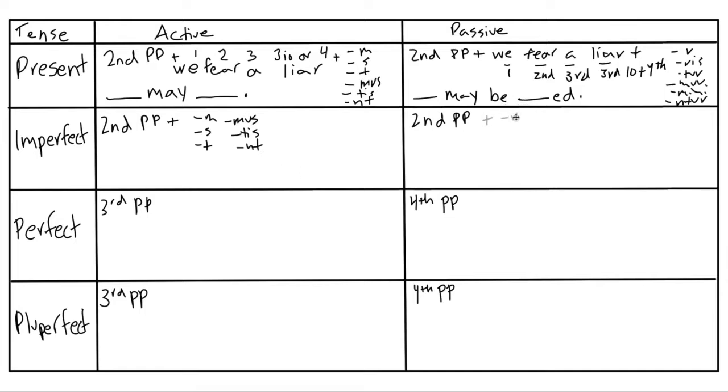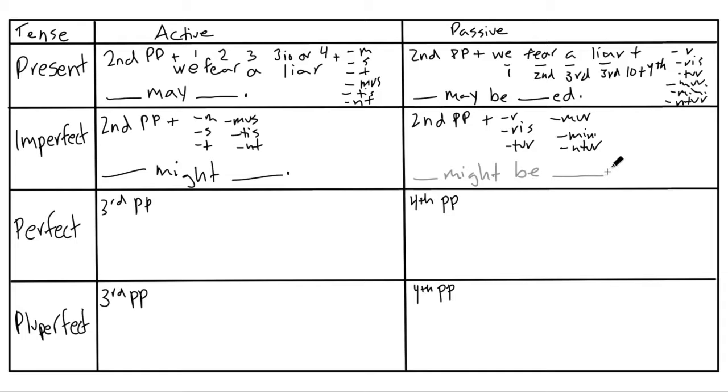You just add on those personal endings: r, ris, tur, mur, mini, and ntur. The translations here are blank, rest of sentence, might, blank, and blank, might be, blank, ed.